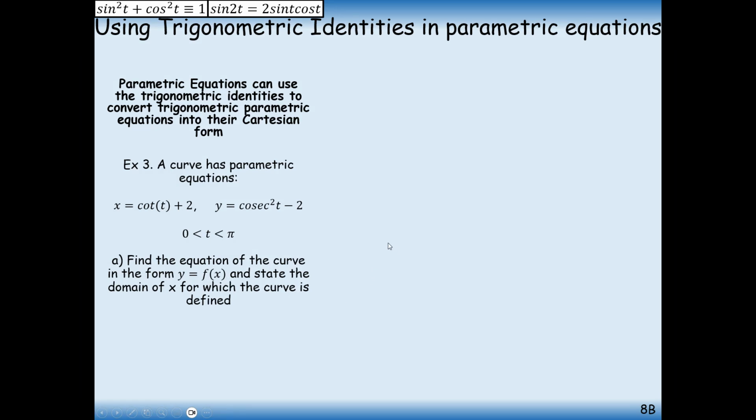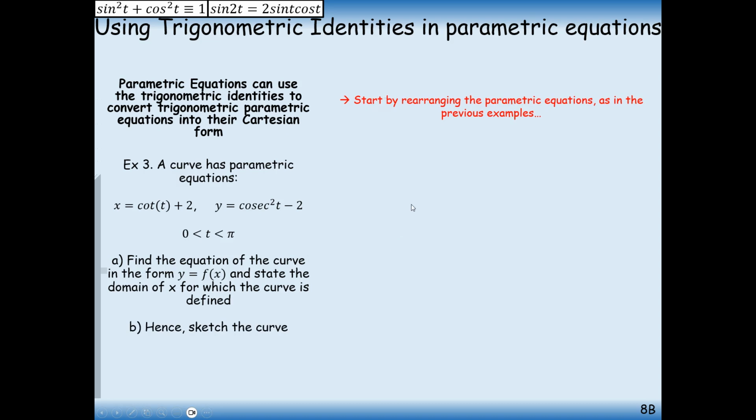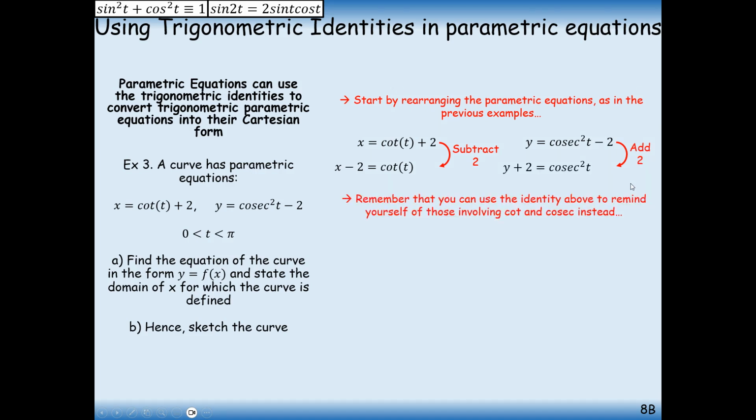So we're going to look at some of our previous knowledge of what we found with trigonometric identities here. So cot t is x minus 2, and y is cosec squared t minus 2, which can be rearranged so that we will get cosec squared on one side.